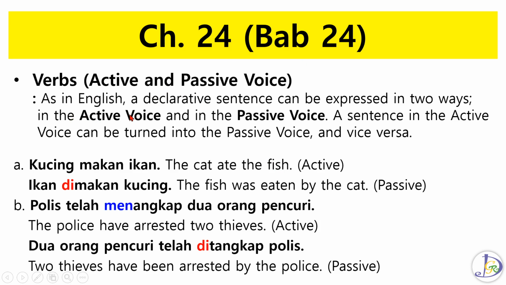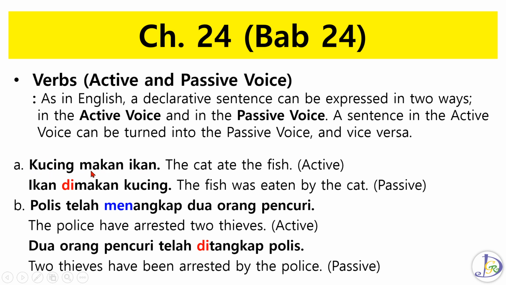As in English, a declarative sentence can be expressed in two ways, in the active voice and the passive voice. A sentence in the active voice can be turned into the passive voice and vice versa. For example, A. Kucing makan ikan.